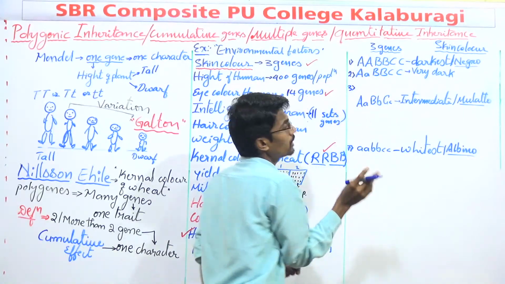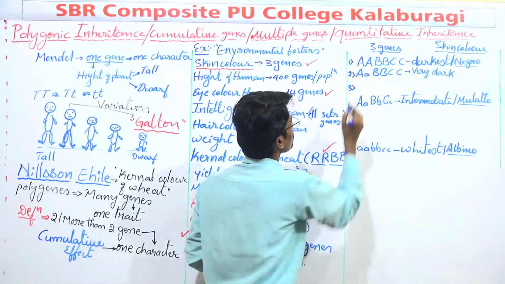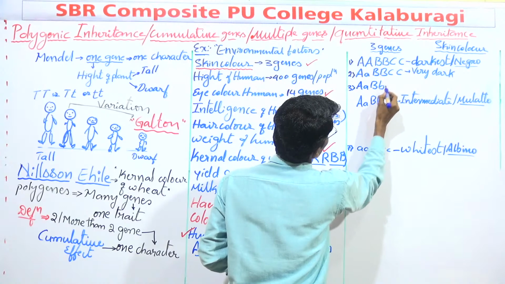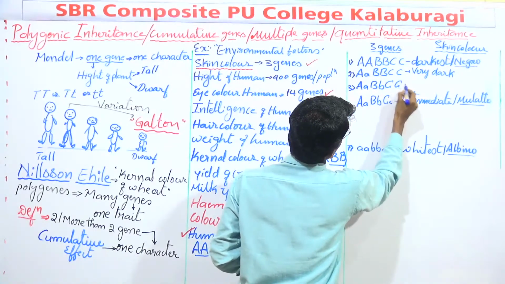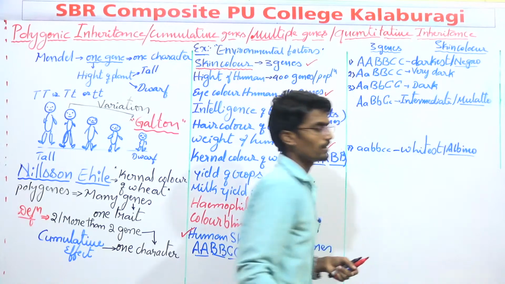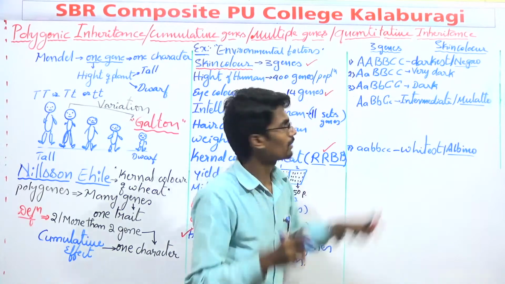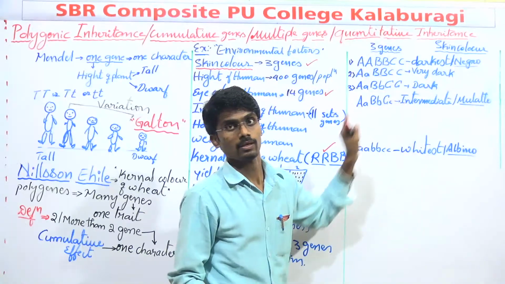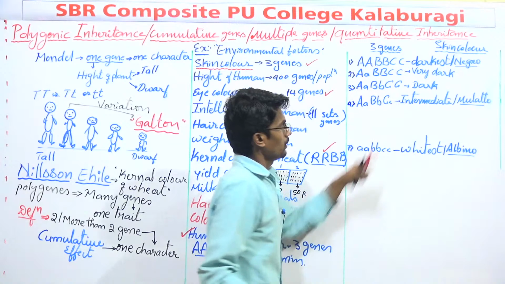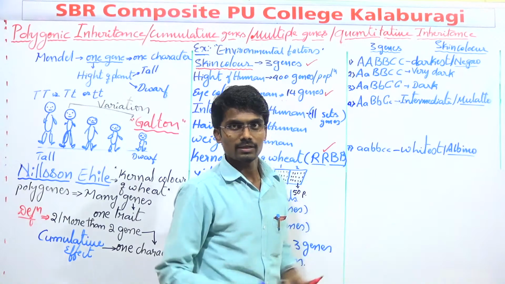In the third case, if two alleles are recessive, like B becoming recessive, these individuals are dark in color. They are a little whiter compared to very dark. But if three are recessive, they become mulatto, like Indians.